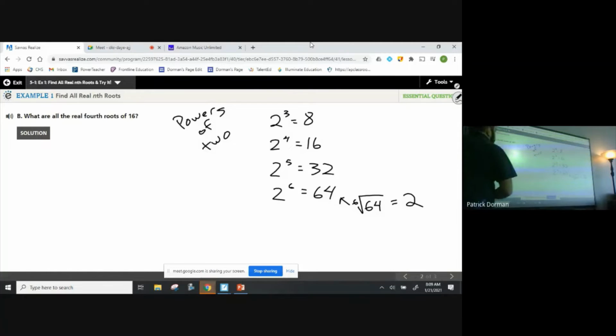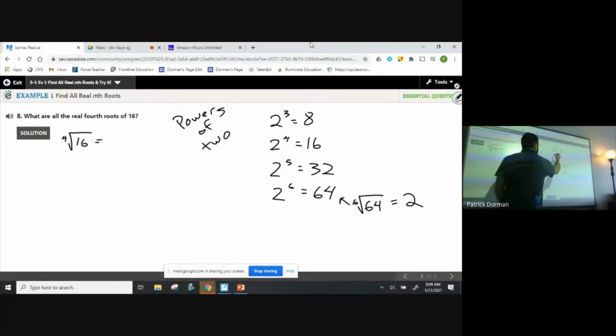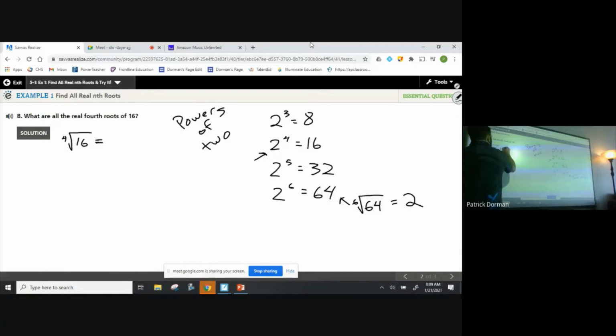So if you want to know the fourth root of 16, it turns out that 2 to the fourth power is 16, so the fourth root of 16 is 2. And you'll deal with that quite a bit.